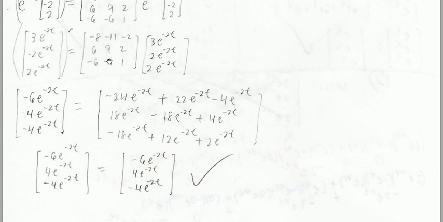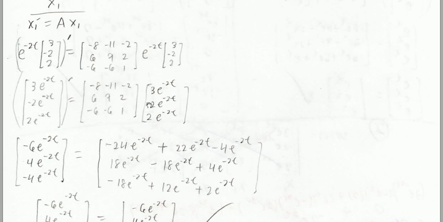Alright, for the right side, what we'll do is multiply these two matrices, the A matrix times the x matrix right here. The way to do that is we take the row and multiply it by the column of the other matrix, taking the sum of the products of each entry.